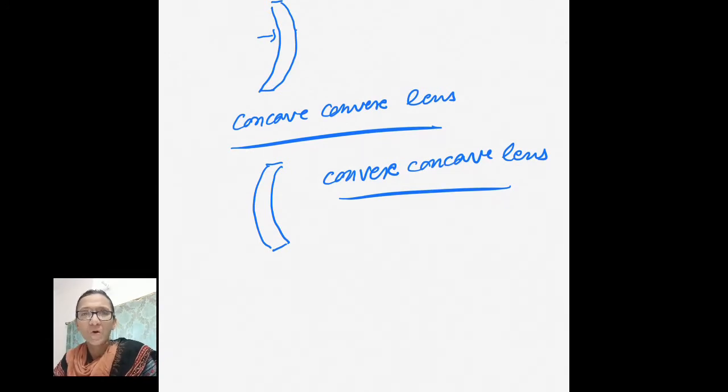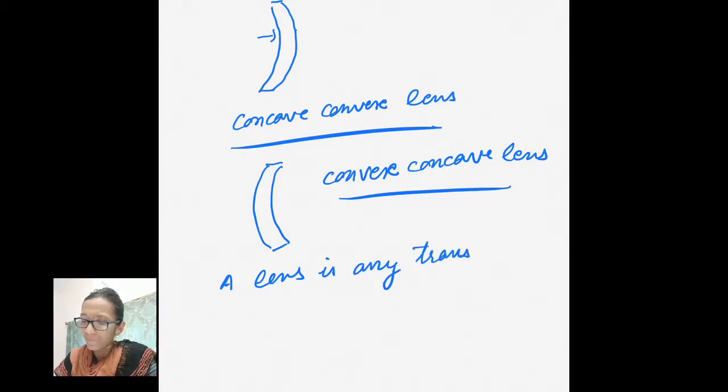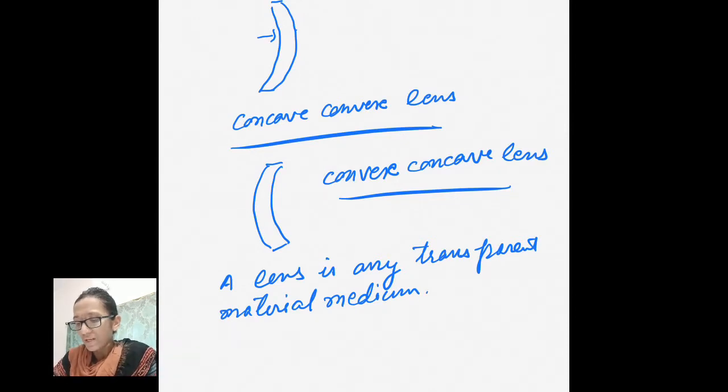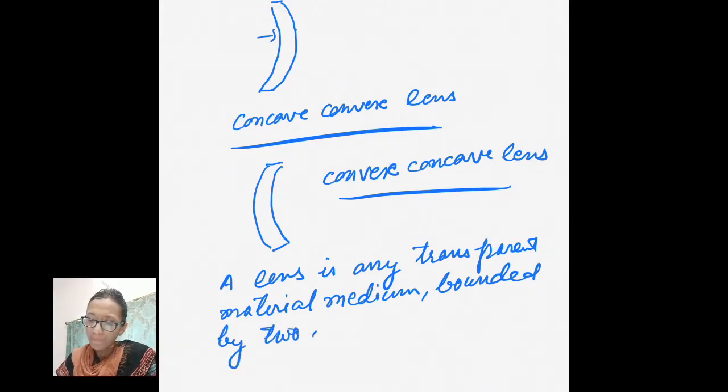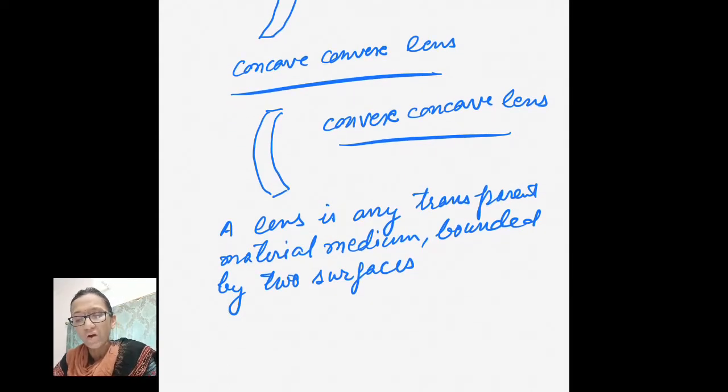So what is a lens? A lens is bounded by two surfaces. A lens is any transparent material medium, and it is bounded by two surfaces, at least one of which must be spherical.